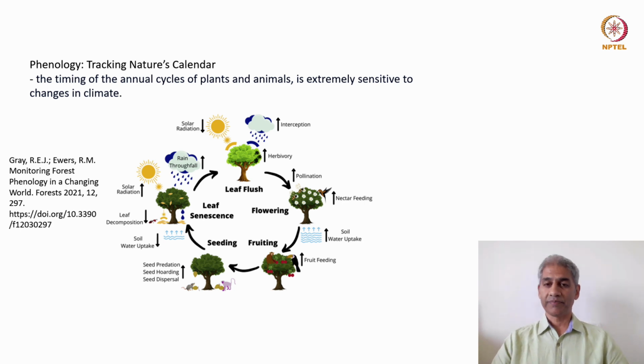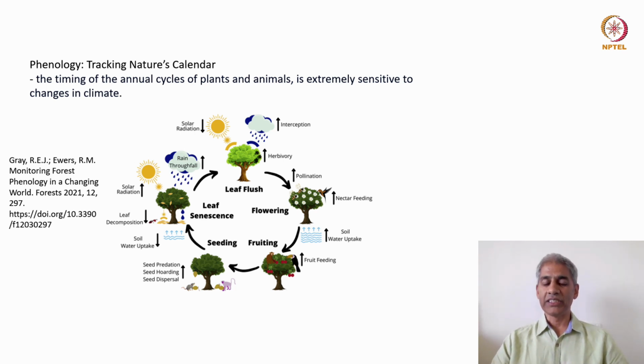Or when plants flower or fruit, you can have an increase in the number of pollinators or nectar feeding birds. Or when they fruit, you can have feeders on the fruit, which will drive that cycle. And then going on to when plants drop their leaves, there is leaf decomposition, and the cycle continues.